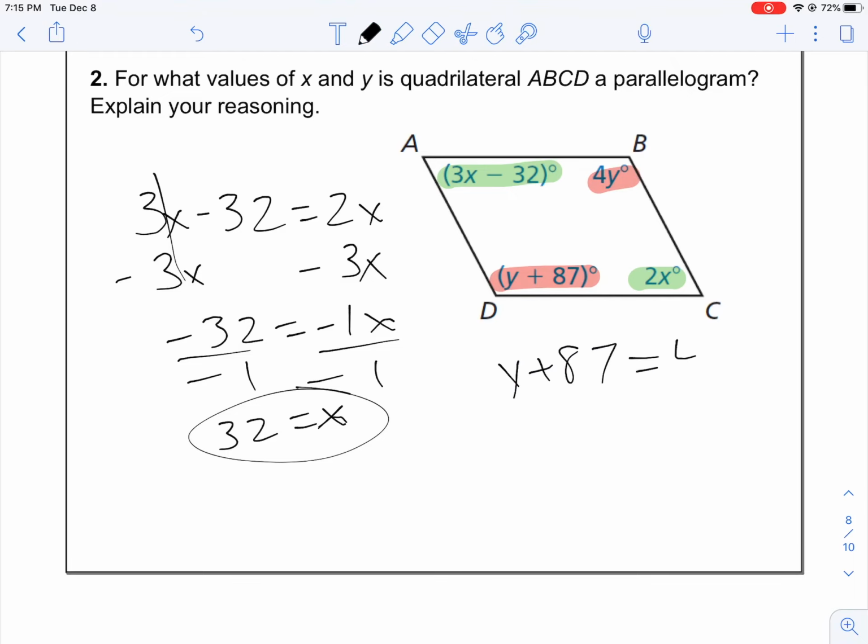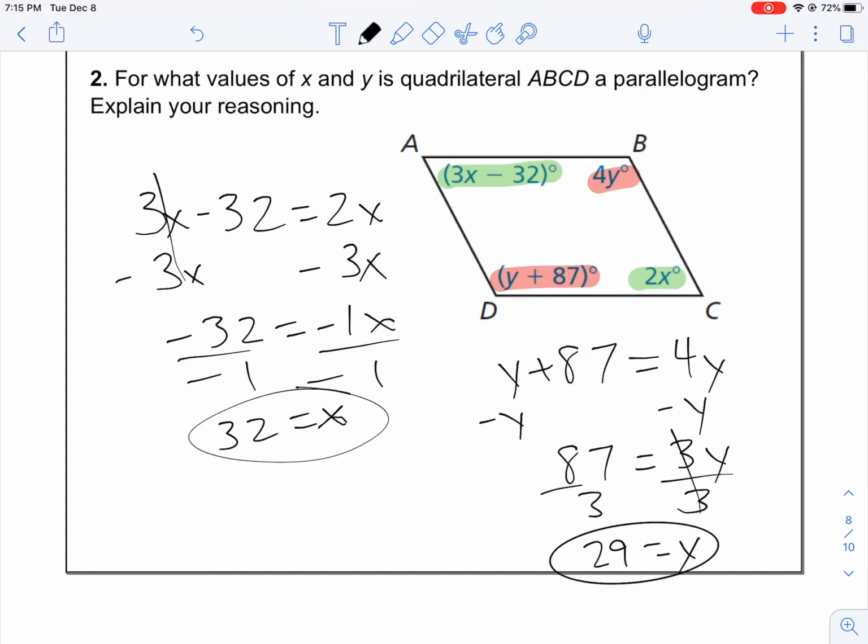Y plus 87 has to equal 4y. Move your variables. Divide by 3. And there we go. We've solved for x, and we've solved for y. We've made the opposite angles congruent, which makes this a parallelogram.